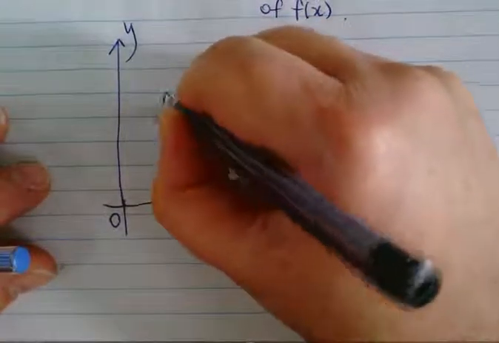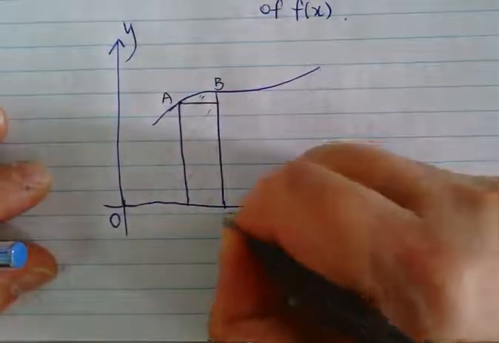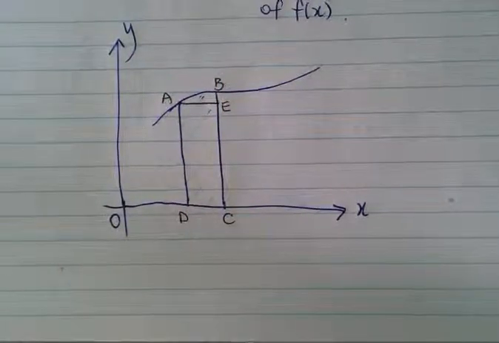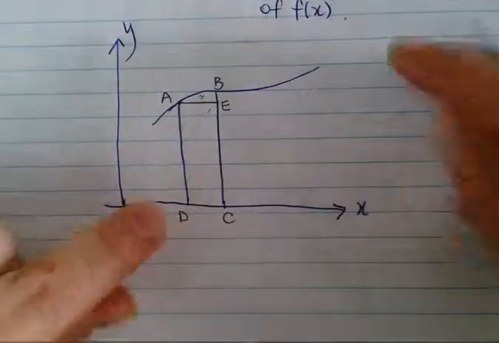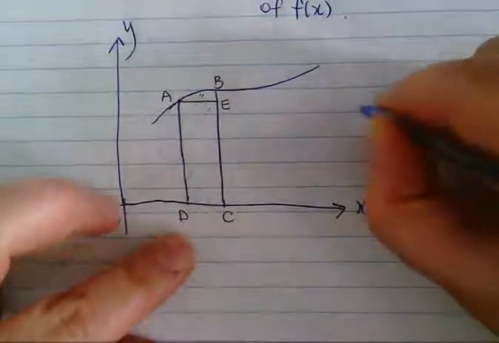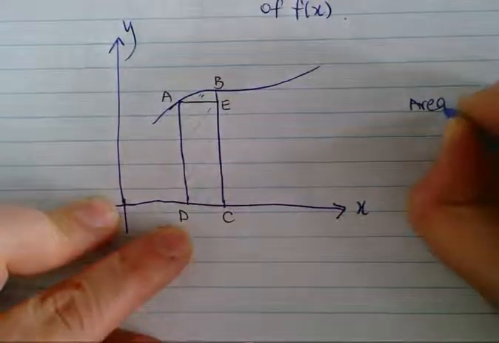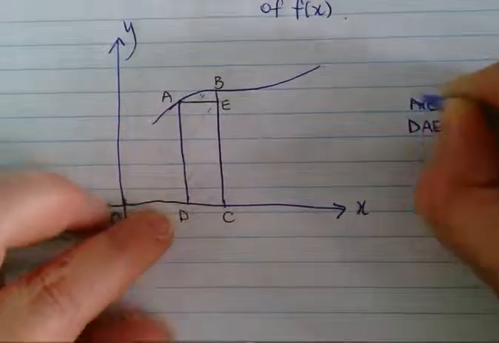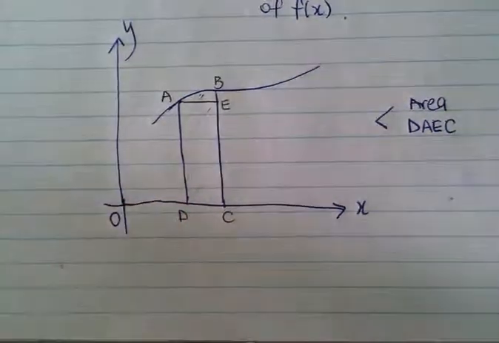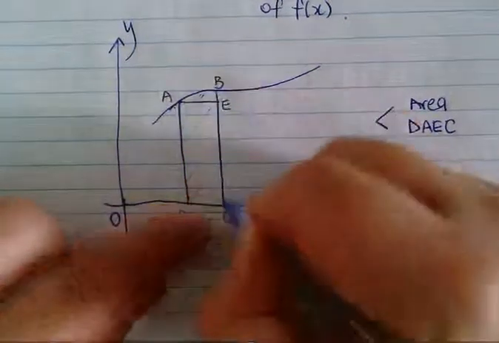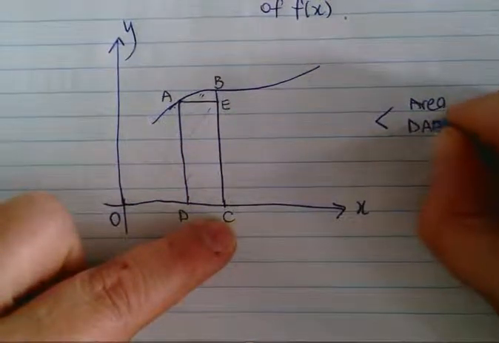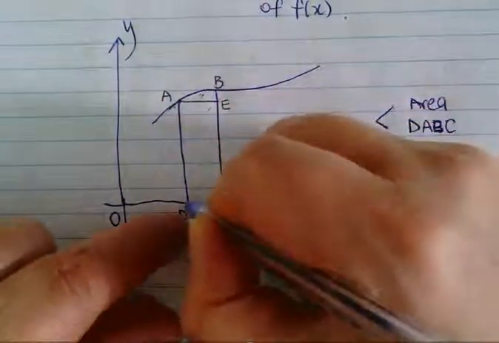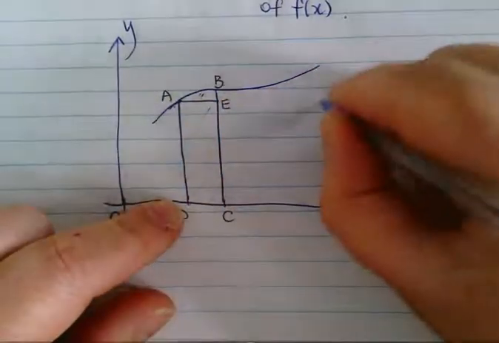So I'm going to go A, B, C, D, E. I'm going to draw another point in a minute. The area of DABC, so that area, the whole bit under the curve, is greater than the area of DAEC.